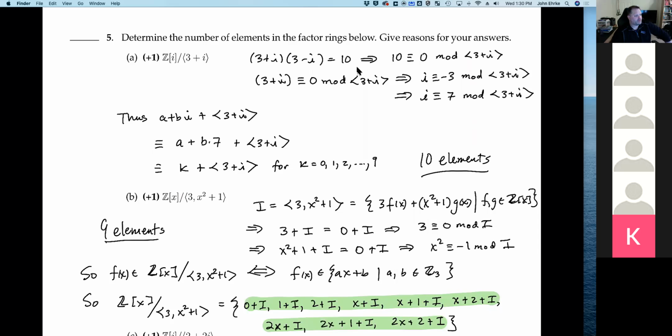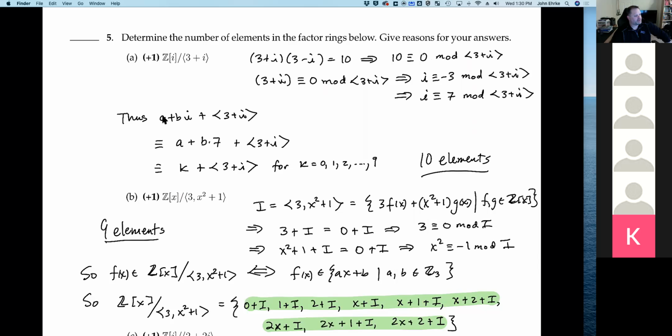So that's equivalent to saying that 10, because 3 plus i times 3 minus i is absorbed into the ideal, then so is 10. So 10 gets mapped to 0. You could also say 3 plus i is equivalent to 0, so i is equivalent to -3, which makes i equivalent to 7 because you're just adding 10.